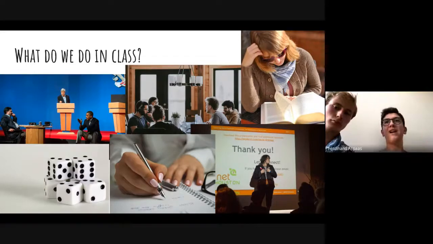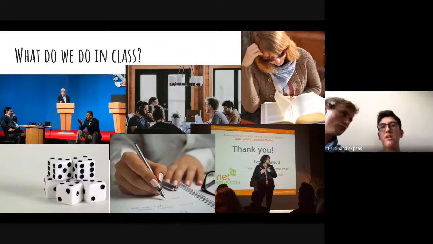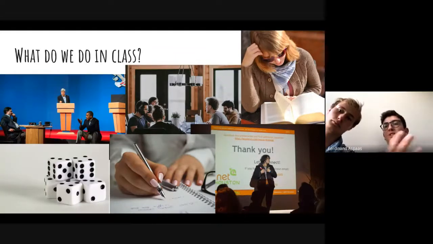So in English B you will have different themes, and so that's mainly discussion, group works, and we also do some written tasks. We have some assignments to practice our writing skills. So I would say group works, discussion, and then written tasks.